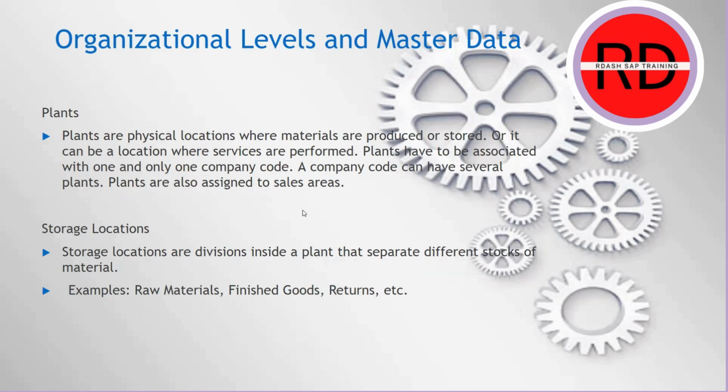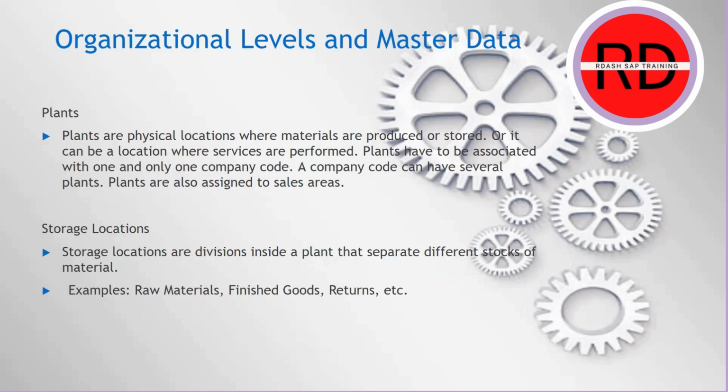There would be a plant, one of the organizational units. Plants are physical locations where materials are produced and stored, or where services are performed. A plant has to be associated with one and only one company code. A company code can have several plants.